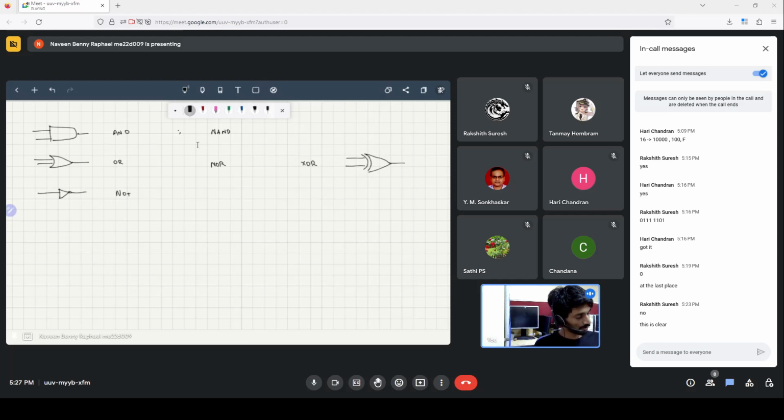So one of the questions which sir had given was like there's a burglar alarm system, and when exactly it should ring and things like that.